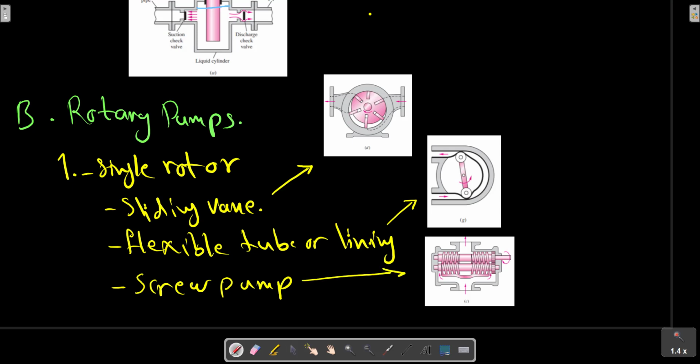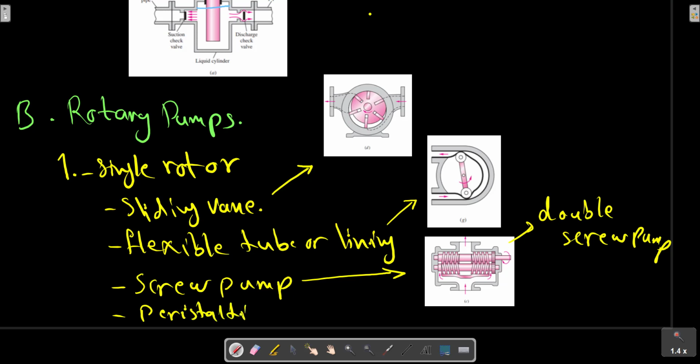This is a double screw pump, and the fourth is peristaltic or wave contraction.